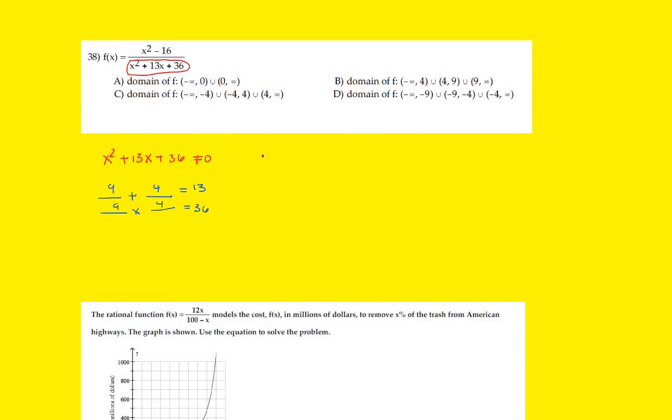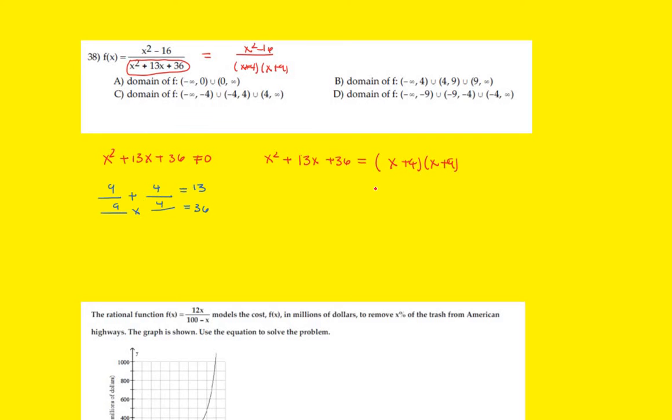So what we have here is x squared plus 13x plus 36, which you can rewrite as x plus 4 times x plus 9, right?